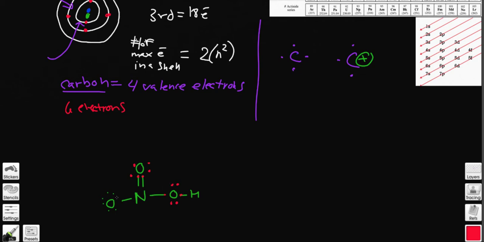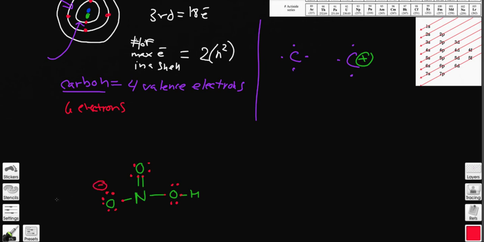Now let's look at this oxygen here. It has 1, 2, 3, 4, 5, 6, and 7. This oxygen has 7 electrons around it and not 6. So if you have 1 extra electron, you're going to have a negative charge.